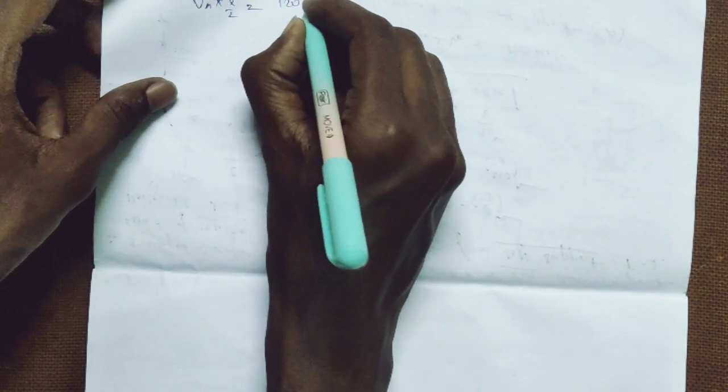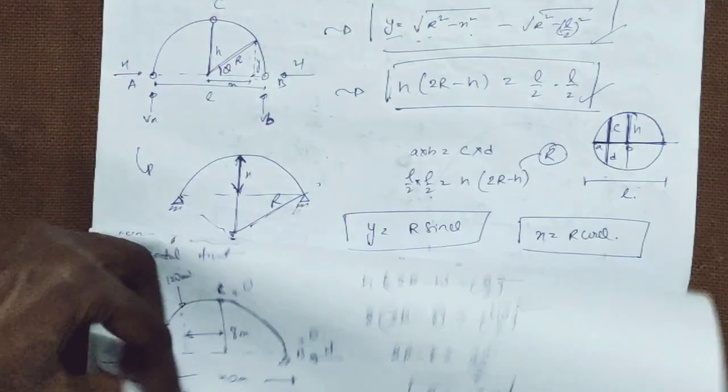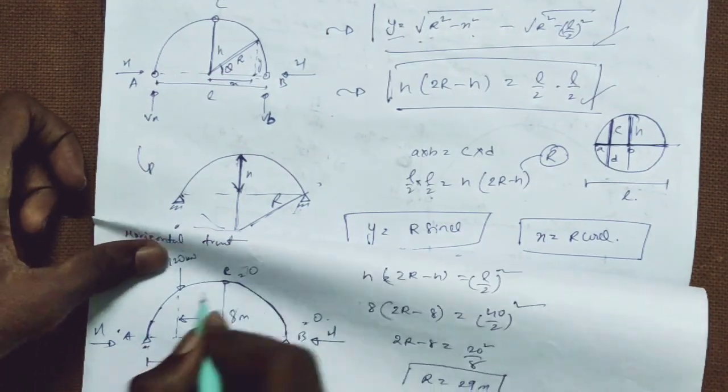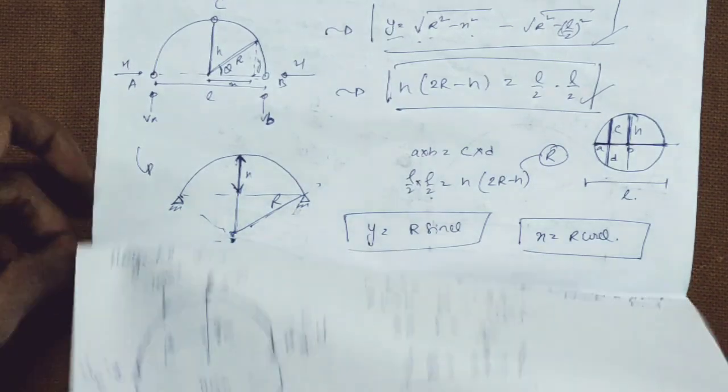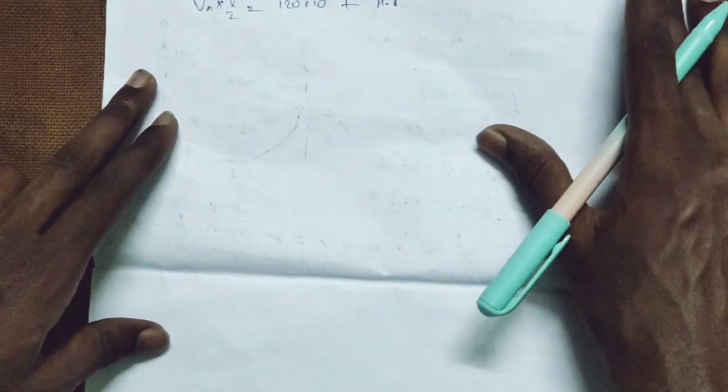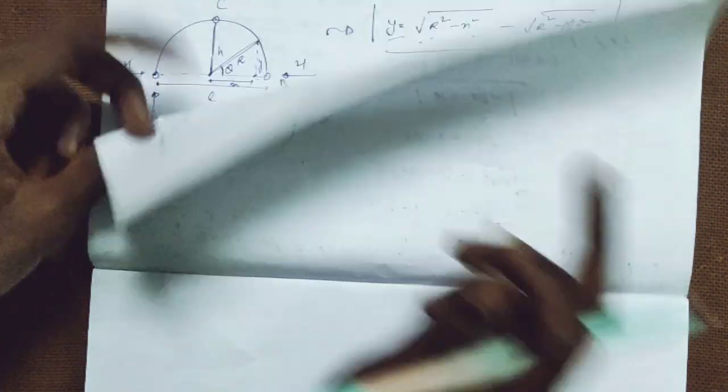So 120 into 10 plus H into the distance between H and C, which is 8 meters. So H into 8. VA we got is 90.